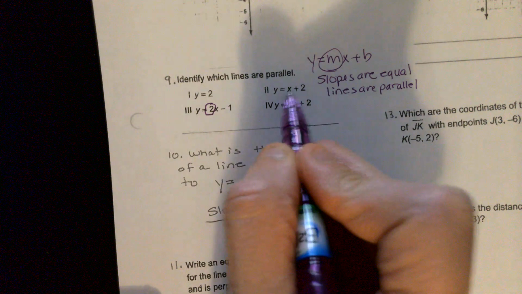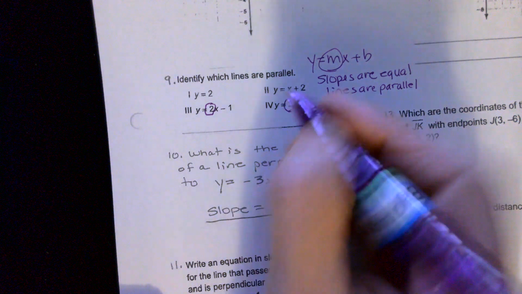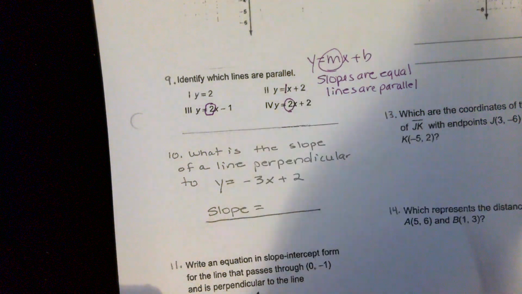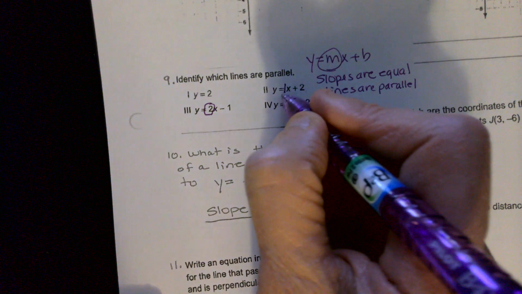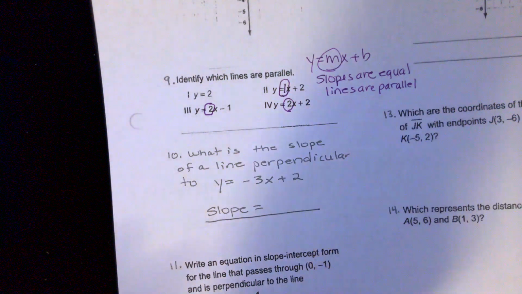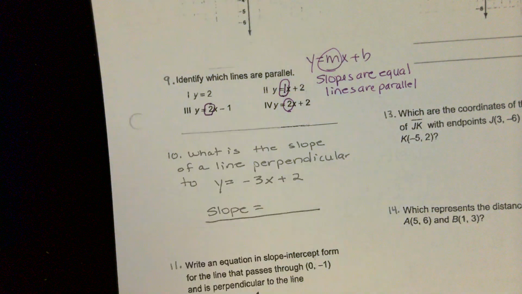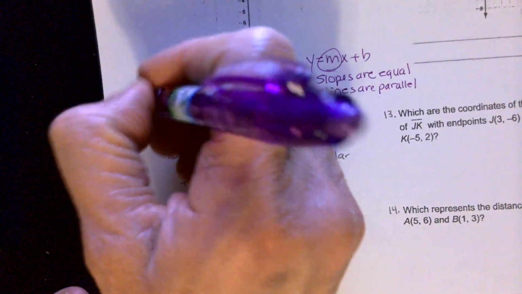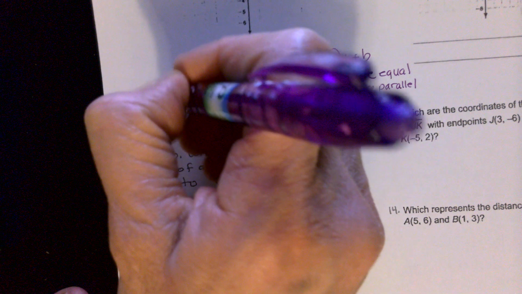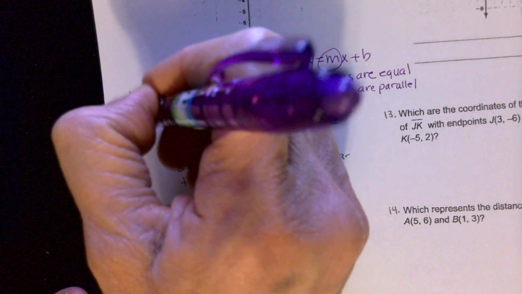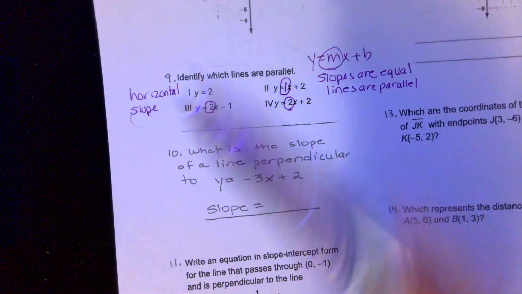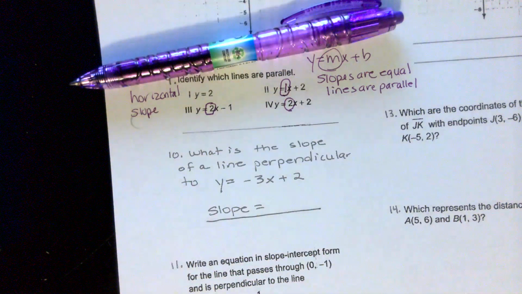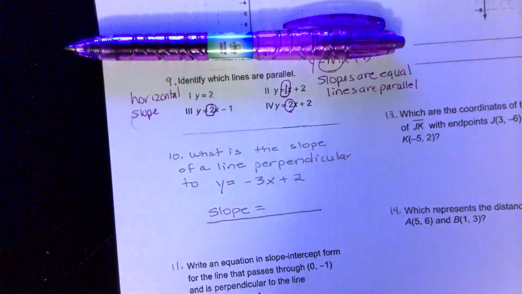It's actually in there too, isn't it? It's right before the x, which is a 1. So I got that slope. Now, do you remember what the slope of y equals 2 is? Remember, when you see y equals, it's a horizontal line, and the slope on a horizontal line that's going like that, that's not horizontal, but let's try to make it.